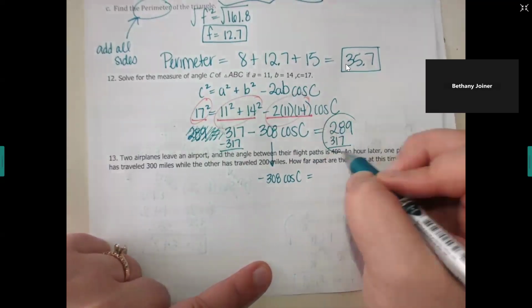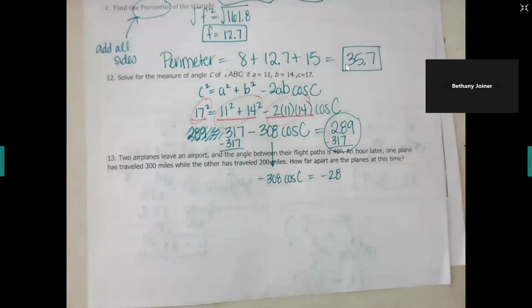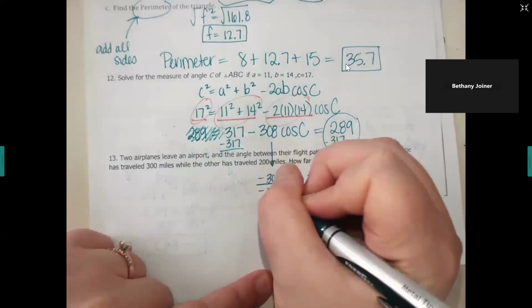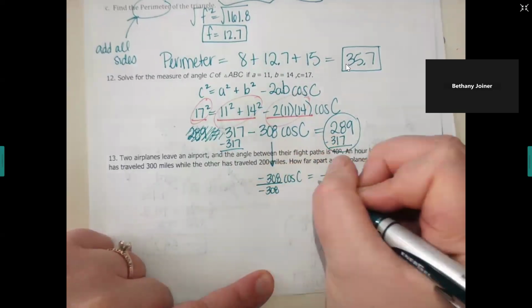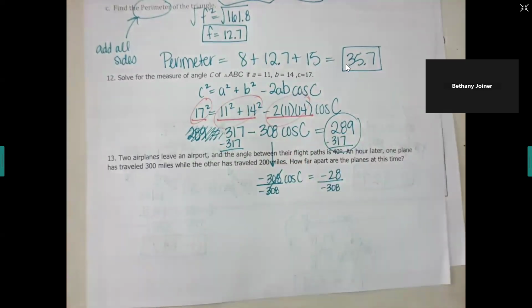These guys here, what'd you get? Negative 28. Okay, now make sure when you cancel out that 317, this is a negative 308 in the front. And the reason that matters is when I divide, I'm going to have to divide by a negative 308 on both sides. And then from there, how do we get rid of the COS in the front?